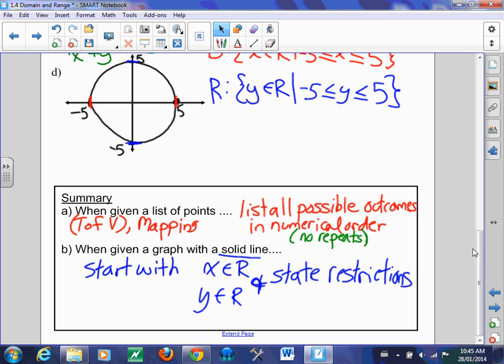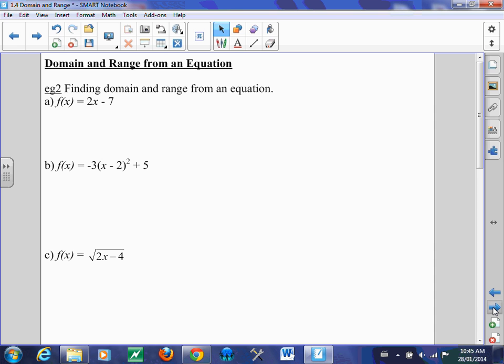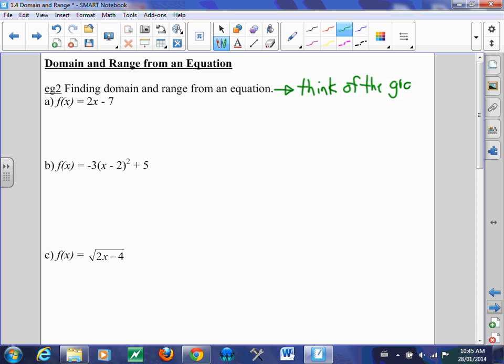Cool. Now let's deal with domain and range from an equation. Taking a look at example 2, find the domain and range from an equation. All I want you to do, folks, is visualize. If you're given an equation, think of the graph, just like when we were testing for the vertical line test.